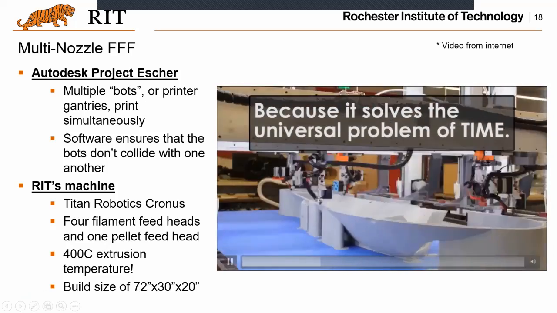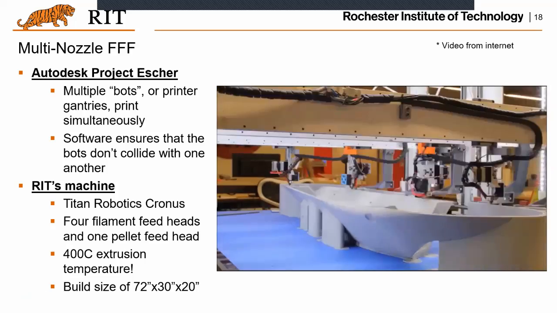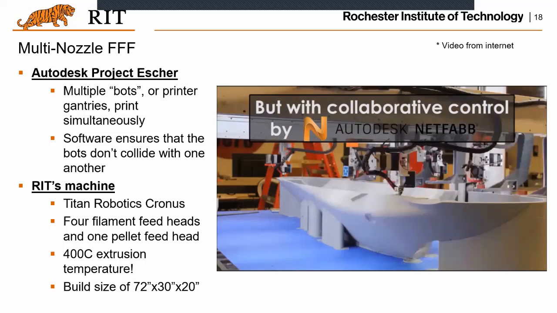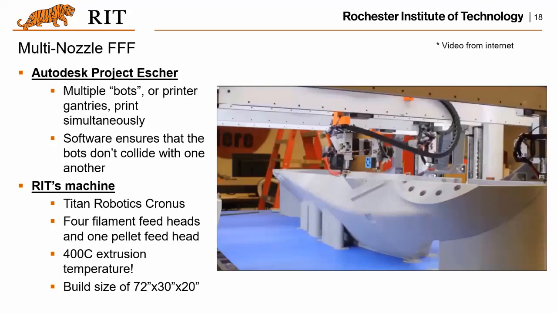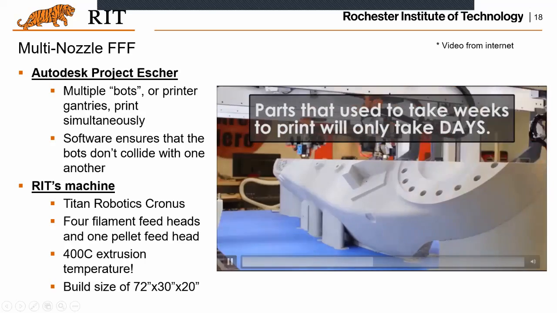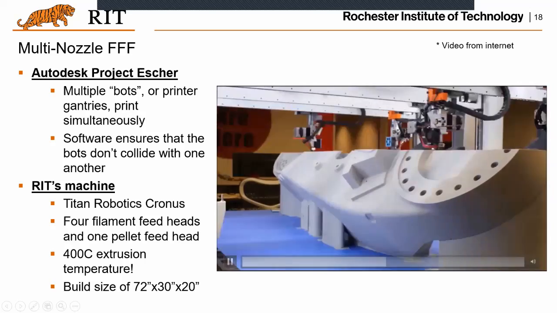So the software will make sure those printing heads will be synchronized, and each of them will print a separate region. Each nozzle will be utilized for a certain region, and there will be no collision between them.